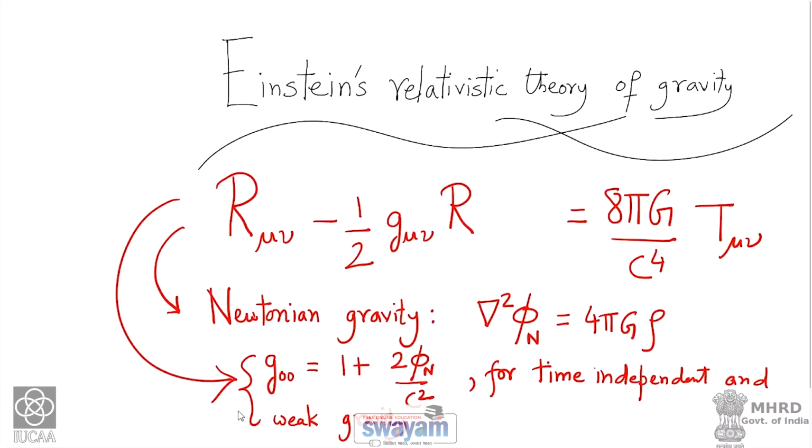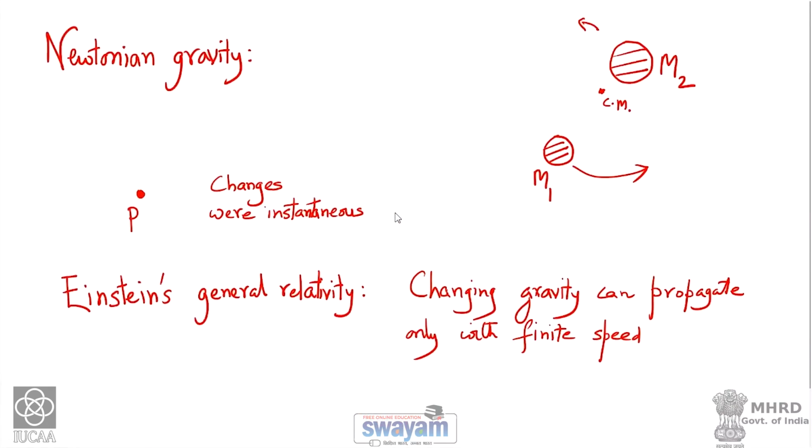So, for changing gravity, we would like to quantify this new prediction of Einstein's general theory of relativity, namely when the matter distribution changes in shape and size, how do the gravitational effects, which essentially are geometrical ripples in the space-time fabric, propagate? And that is where the prediction of gravitational waves comes in.